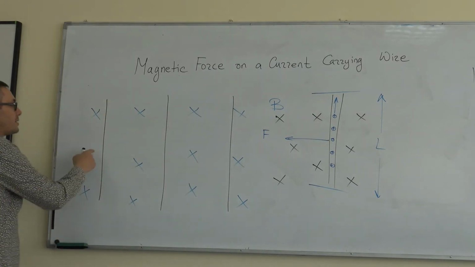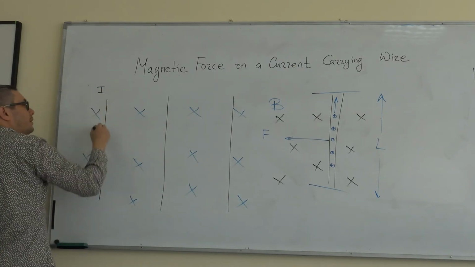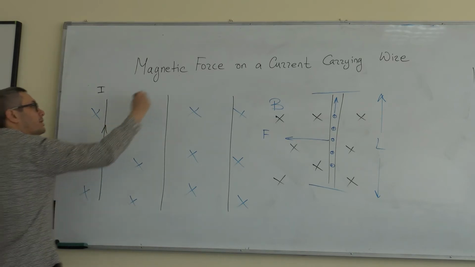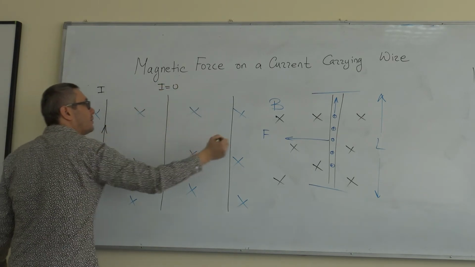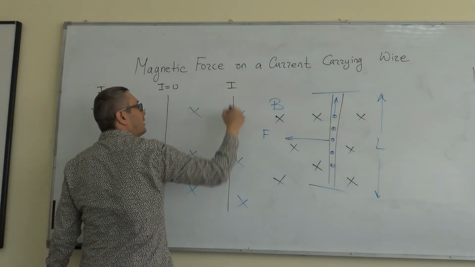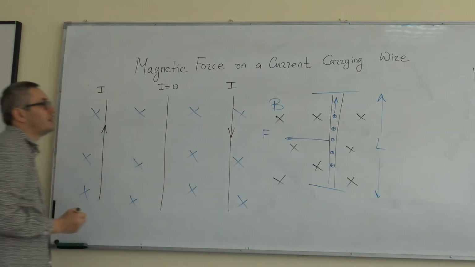Let's say that the current in this wire is going up. The current in this wire is 0. The current in this wire is going down.